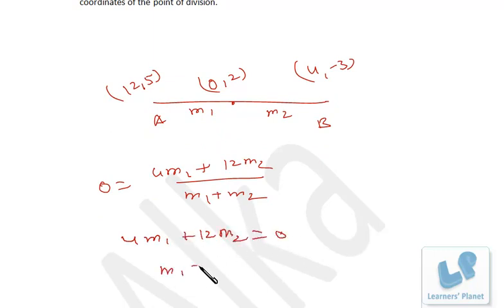So m1 is equal to minus 3 m2, or we can say m1 by m2 is minus 3 is to 1. So this division will be an external division. It's because of the minus sign, but m1 is to m2 will be the ratio 3 is to 1. Okay, so that's pretty simple. If you are getting a minus sign, it will be an external division. If you are getting a positive sign, it will be an internal division, right?